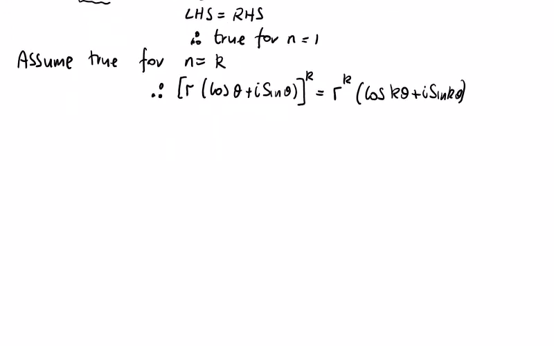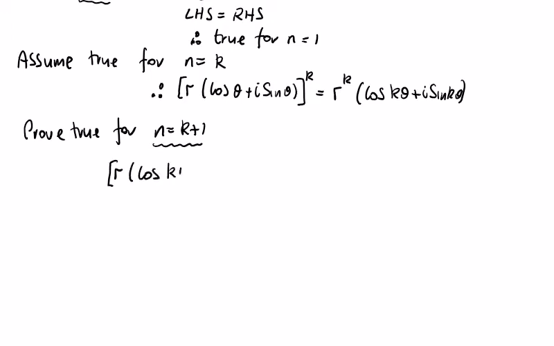So now we have to prove true for n is equal to k plus 1. So replace your n with k plus 1, or your k with k plus 1. So we're going to have r by the cos of k plus 1.